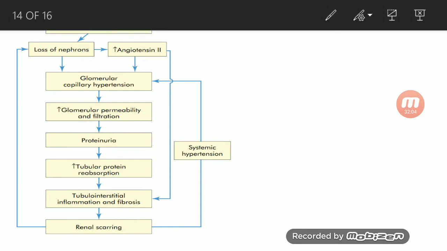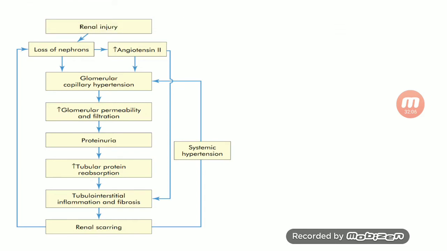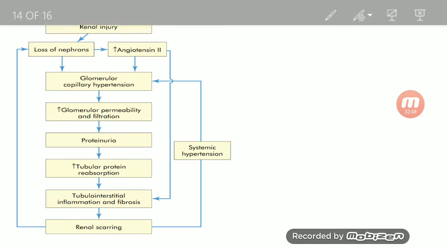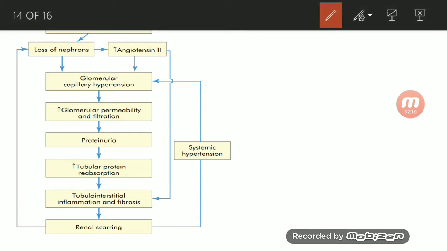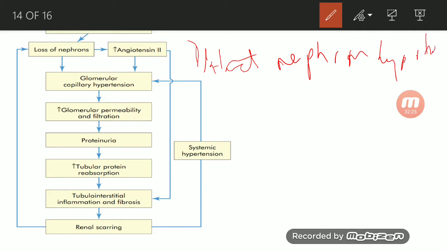Whenever we talk about chronic renal failure, two theories have been postulated. This is the intact nephron hypothesis.